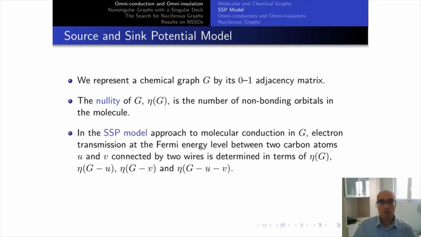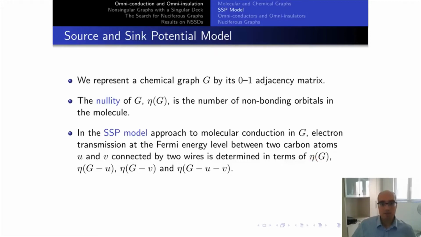Now, what is the SSP model, or the source and sink potential model? In this model, electron transmission at the Fermi level, which means when you have the eigenvalue 0, between two semi-infinite wires connected to any two carbon atoms, is determined by four nullities, basically.